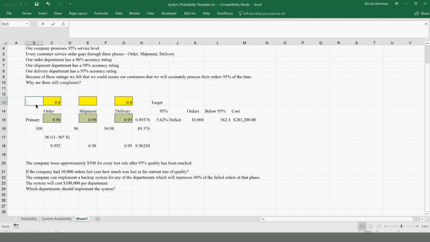So just to sum up, the formula that we use is the primary plus the backup, which is multiplied times only the amount that's going through the backup. So it's 1 minus the primary times our backup. Each total is then multiplied by each other so that we can get our total system percentage.